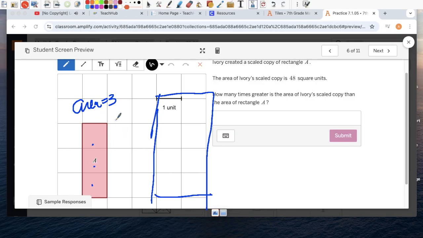He made a scale copy, an enlargement, and the area of the same rectangle enlarged was 48. How many times greater is the area of Ivan's copy than the area of rectangle A? Really, is that the question?